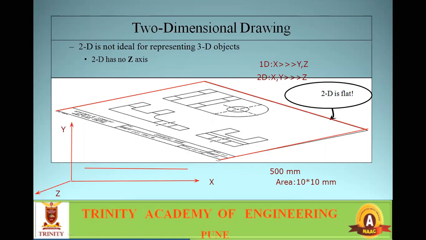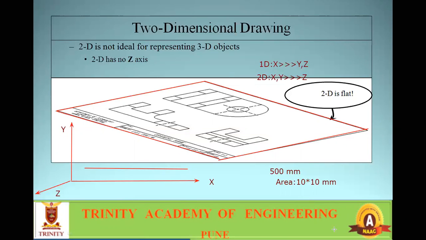Actually, it is a flat sheet having x and y directions which are comparable to each other, but it is not having z direction. That is the third direction; it has a very negligible value compared to x and y. So it has no z axis, meaning it is very negligible.